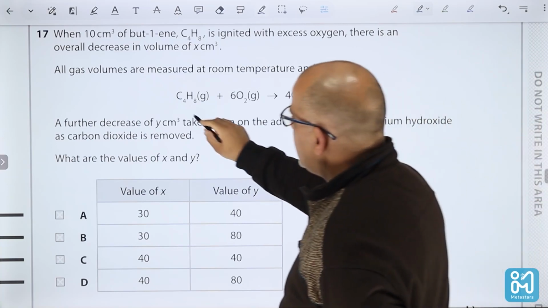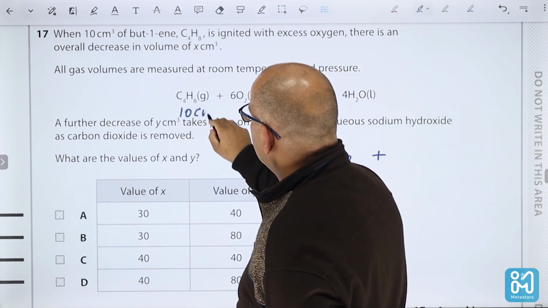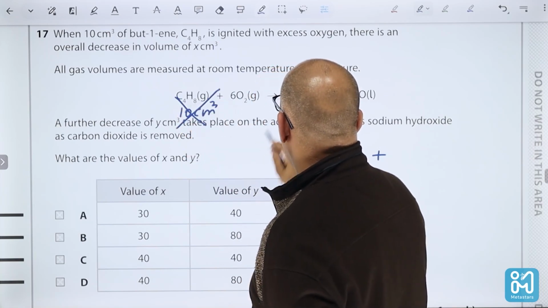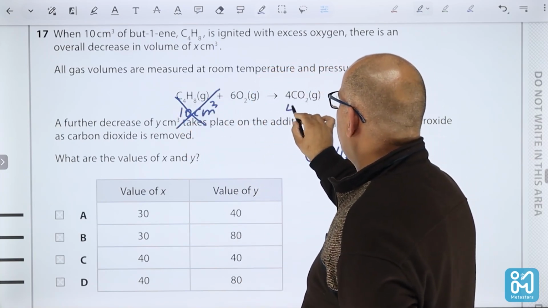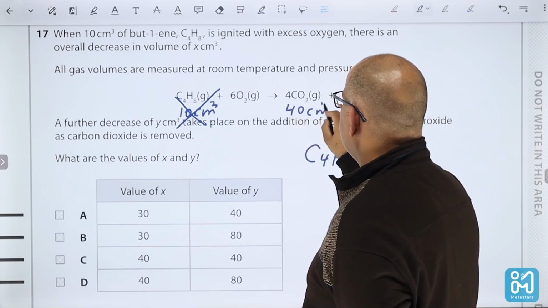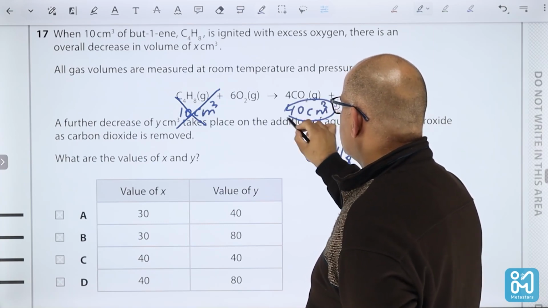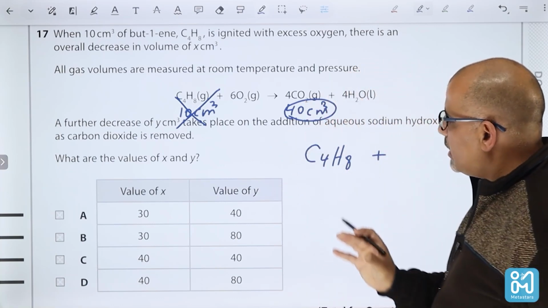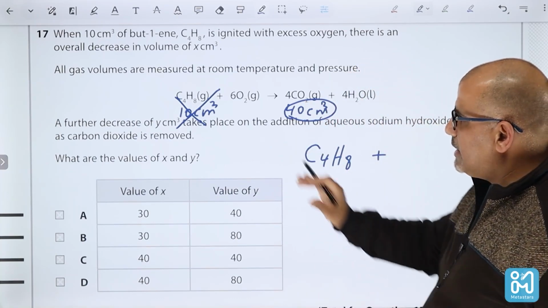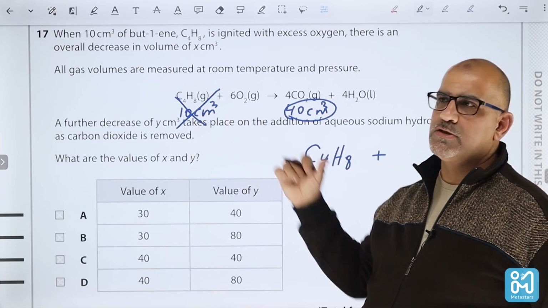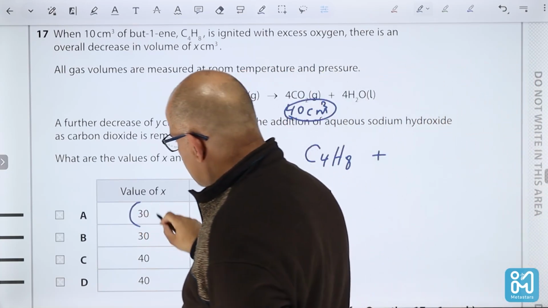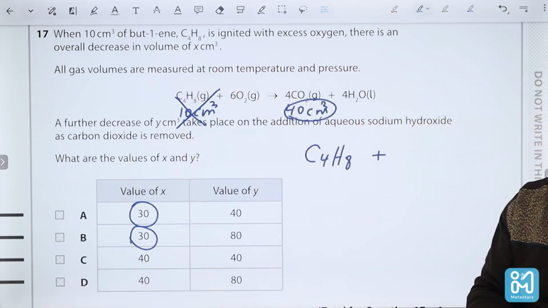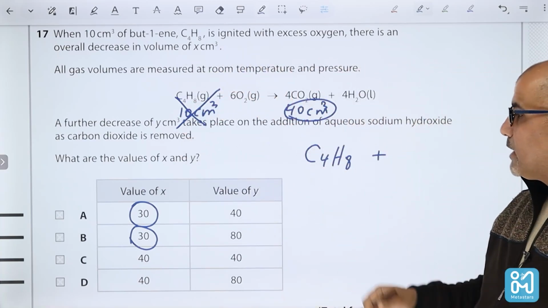If we have 10 cubic centimeters, those are consumed, and here we have 40 cubic centimeters produced. So 40 cubic centimeters was produced and 10 cubic centimeters was consumed. So 30 is the value of X, which is the total volume decrease.